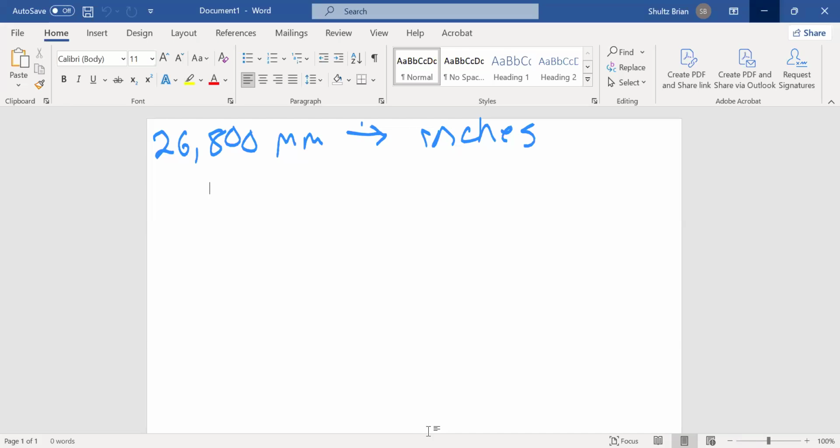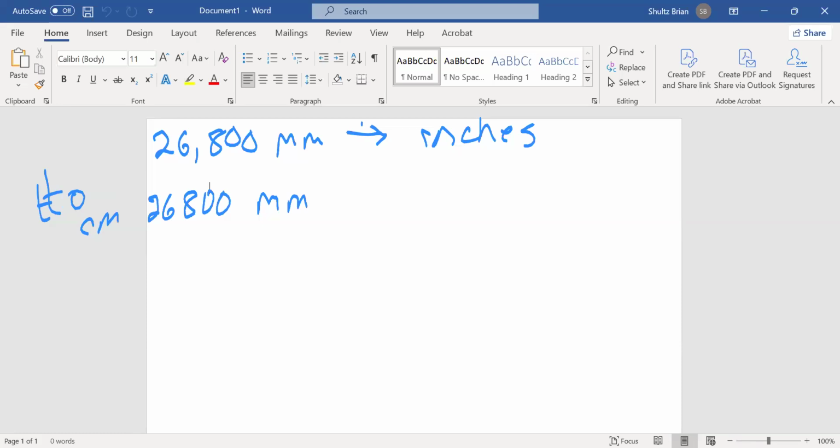Okay, so I have to come over here and I'm going to change my 26,800 millimeters to centimeters. I'm changing from a small to a larger unit of measure.